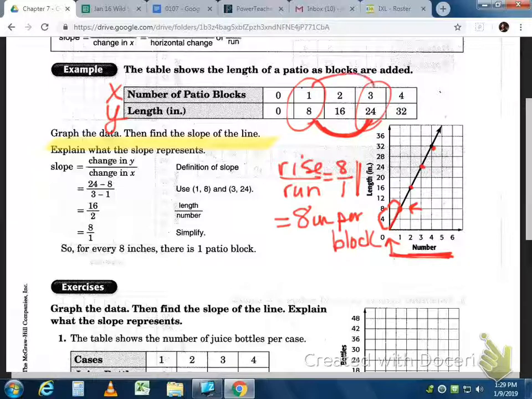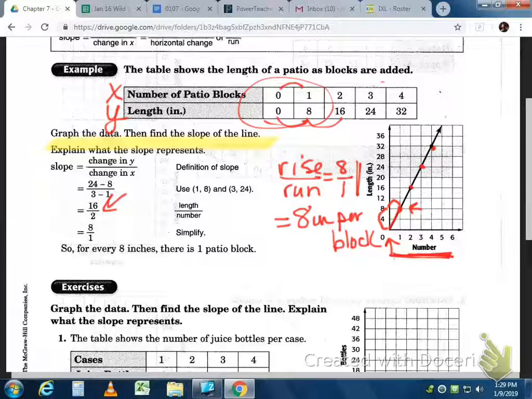And then what about 1 to 3? 2. So that's where they got 16 over 2, which reduced to 8 over 1. I probably would have just picked maybe these two. Isn't that change a lot easier? 0 to 8 is 8, and 0 to 1 is 1, 8 over 1. Or you could have gone 8 to 16, however you want to do it. But you're finding the change in y over the change in x. So it's 8 inches per block.